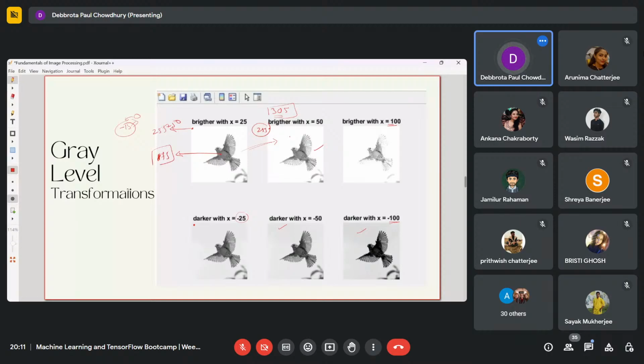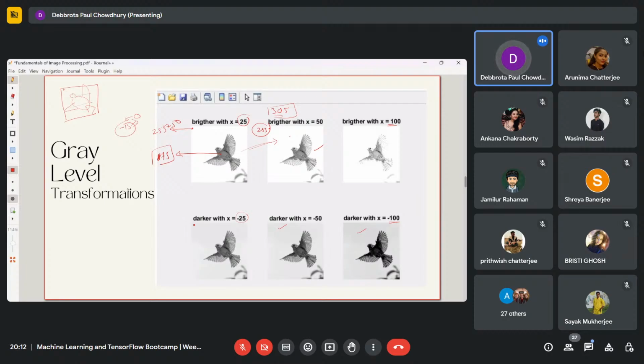So when we have one image, oh, I forgot to take the original image basically. So let's say this is our original image. The original image had some pixel values, and whenever we subtract or add some value to all the pixels, we'll get this one.